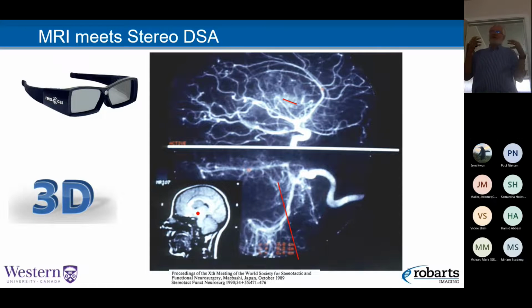Another cool thing that we did was integrating the Stereo DSA that I mentioned, the stereo angiography system. This is just showing one view, but there are in fact two views, one for the left eye, one for the right eye. When you look at these with stereo glasses on, you see the vascular system looking like it's wrapped around a rugby ball.